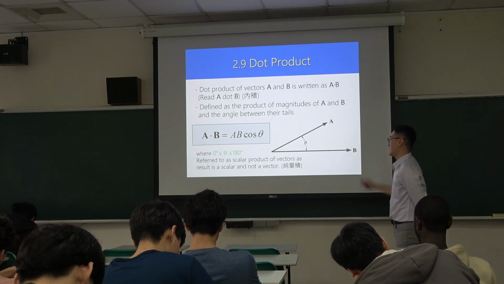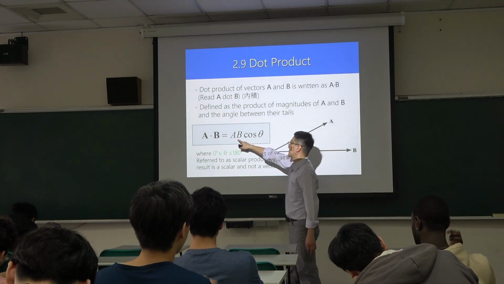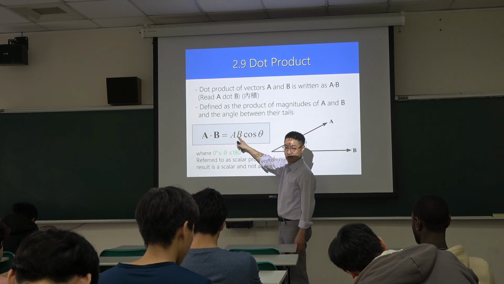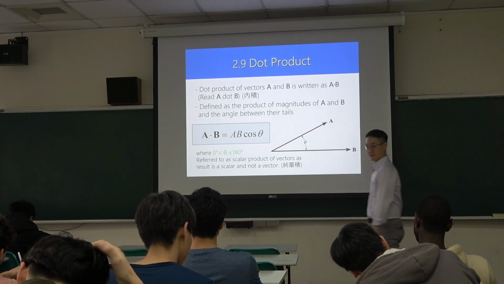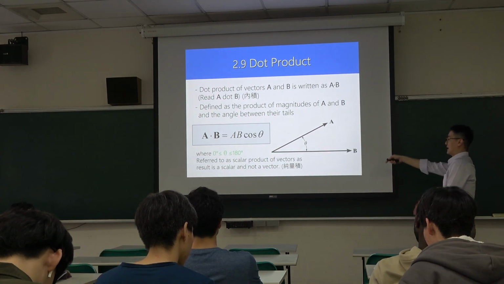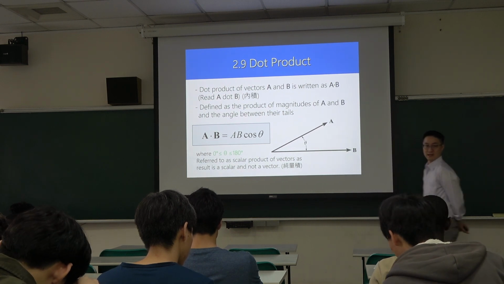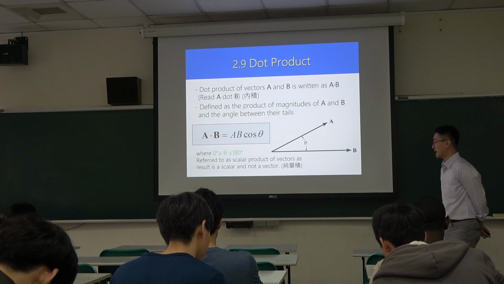The dot product is the scalar of vector 1 times the scalar of vector 2, times cosine theta, where theta is the angle between these two vectors. So we call this a dot product.